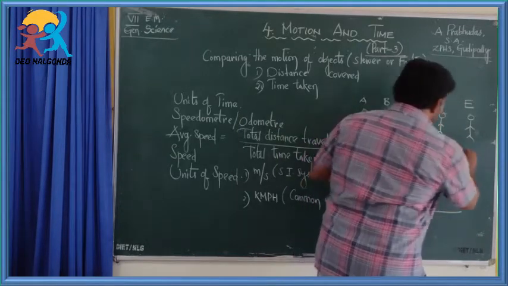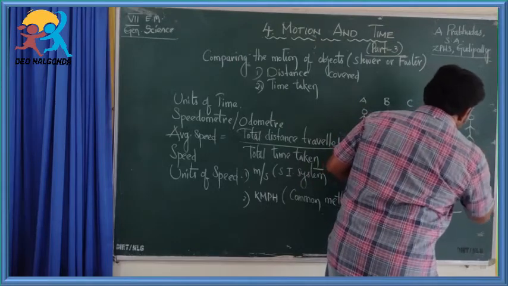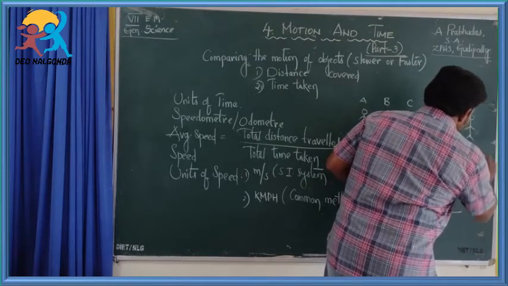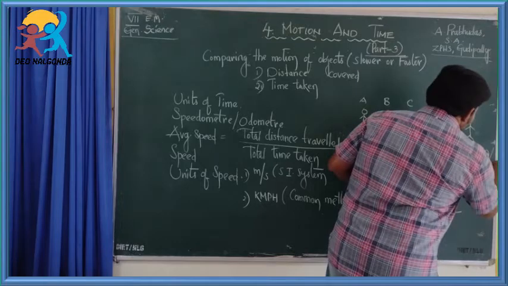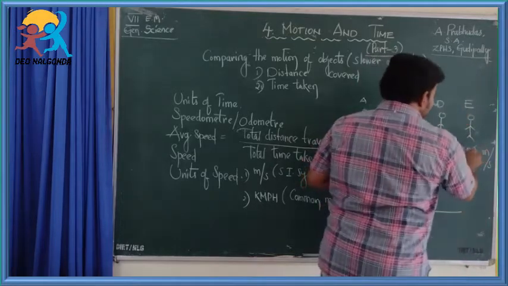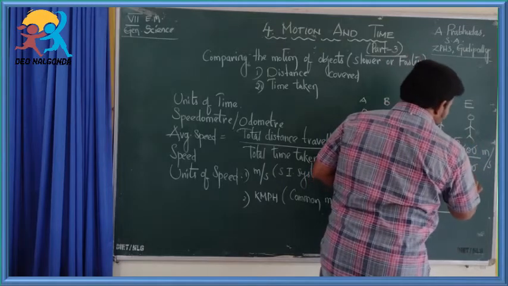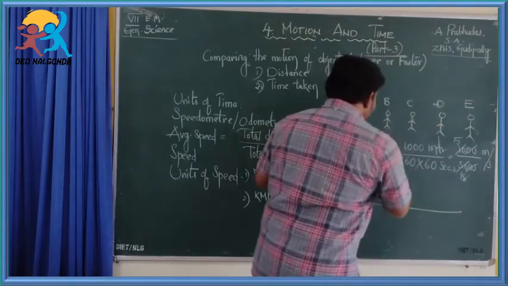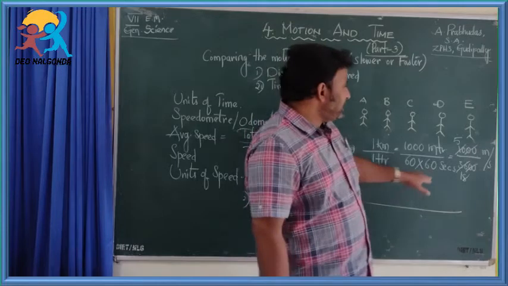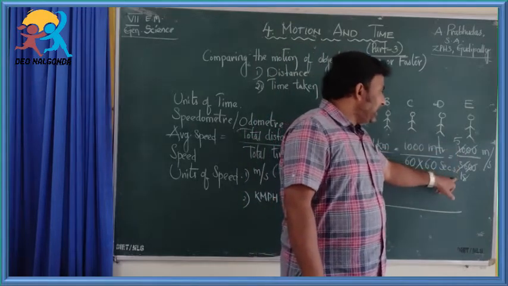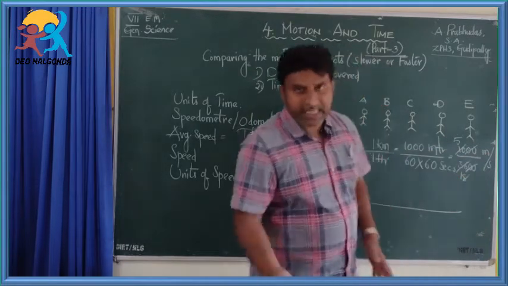So, it comes to 1000 by 3600 meters per second. If you simplify, you will get 5 by 18. So, 1 kilometer per hour is equal to 5 by 18 meters per second.